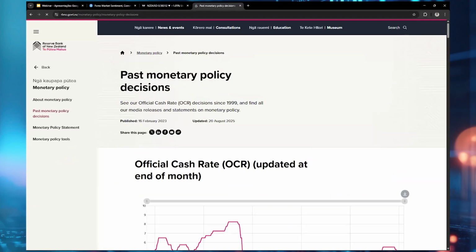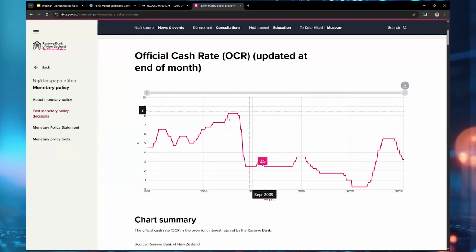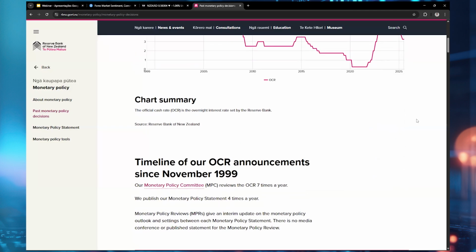If we look at the OCR, the highest point it has been was 8.25% in July 2007. Since then, the highest was 5.5% in May 2023 after COVID. And now the rate is at 3.0%.